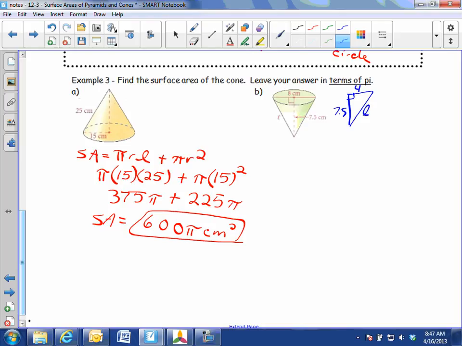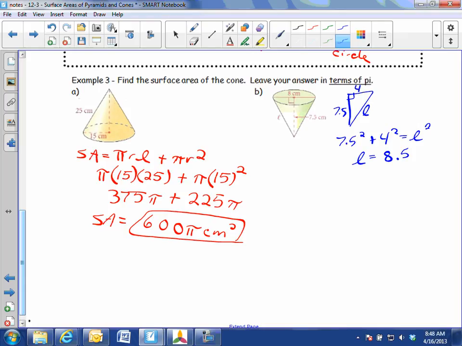So I would go 7.5 squared plus 4 squared equals l squared. You guys figure that one out for me. I'll take your word for it.